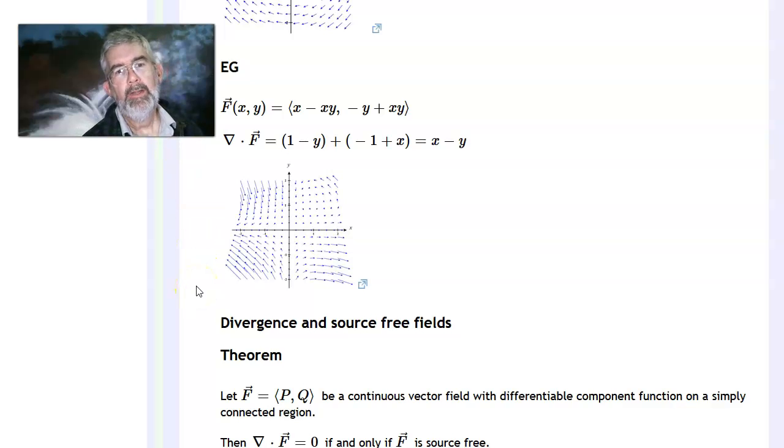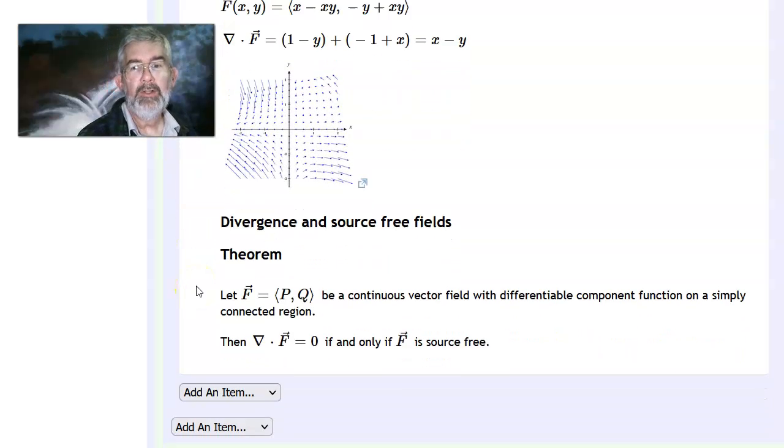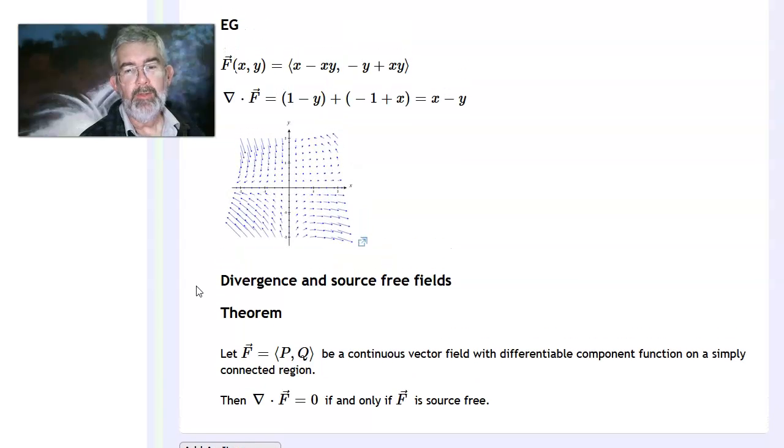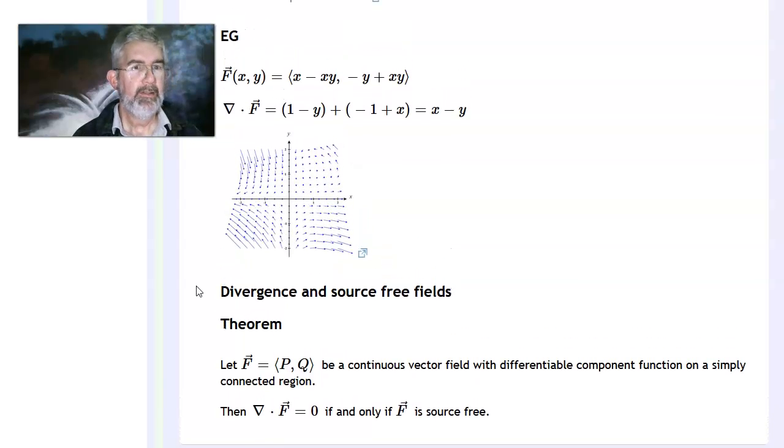Now, the divergence is very closely related to a subject that we had in the previous section, and that is source-free fields.